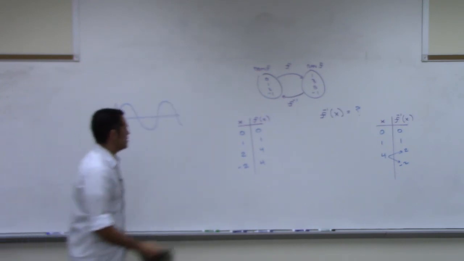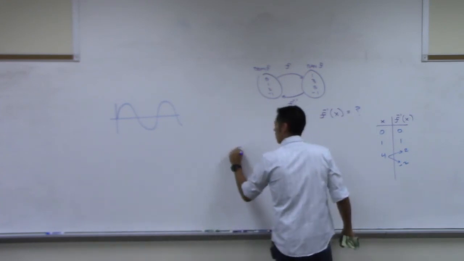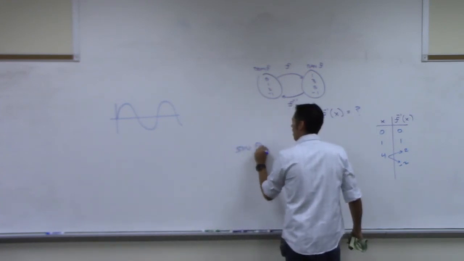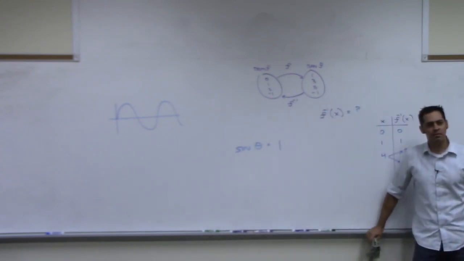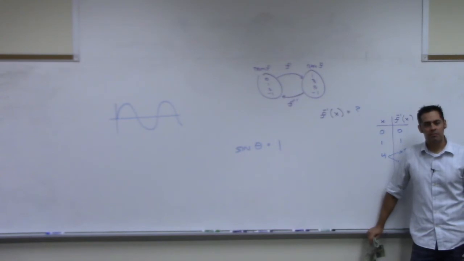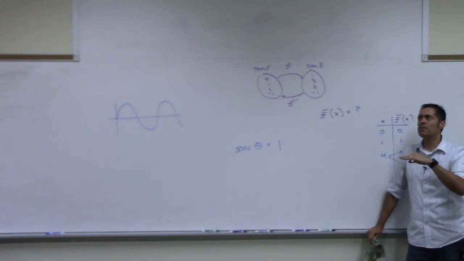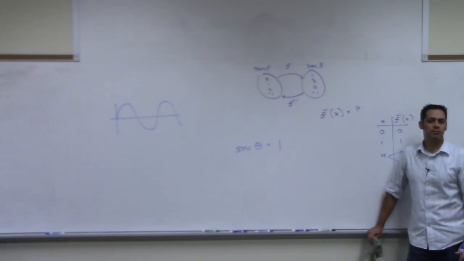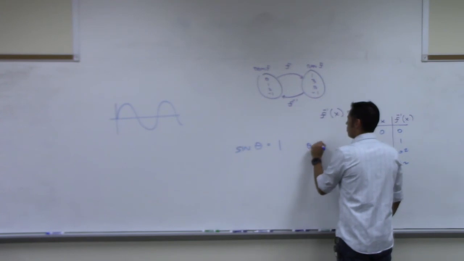I'll give you one last example. If I tell you right now sine of some angle is 1, can you tell me what the angle is? So at what angle do I plug into sine to get 1? Pi over 2 would work? So theta could be pi over 2, right?